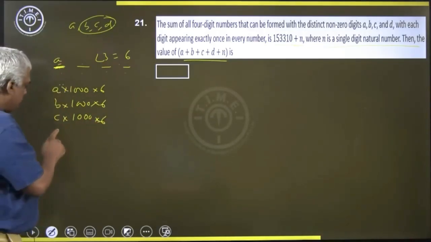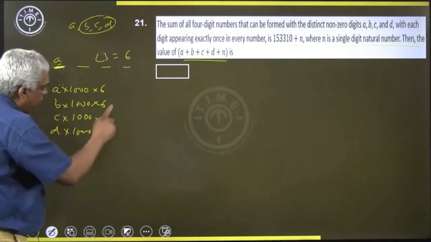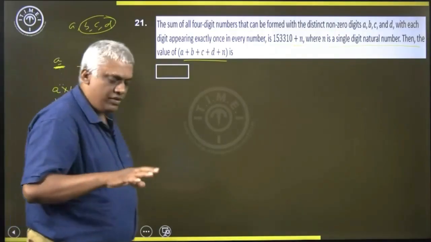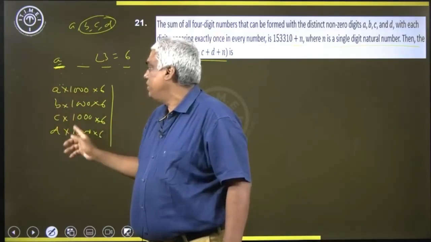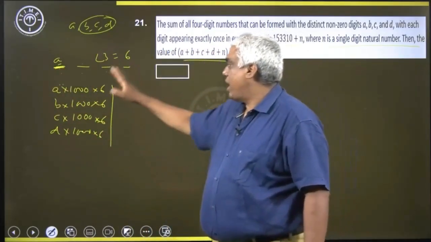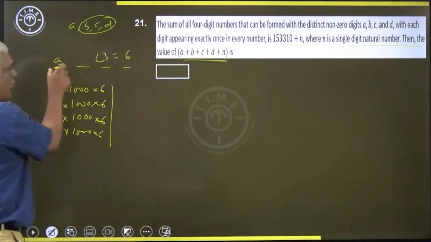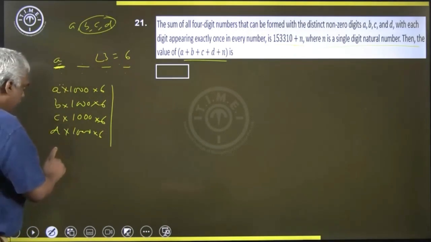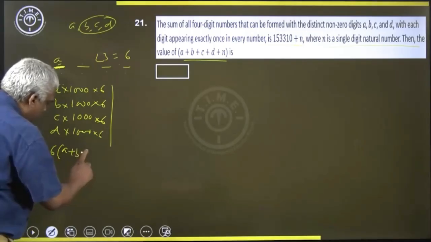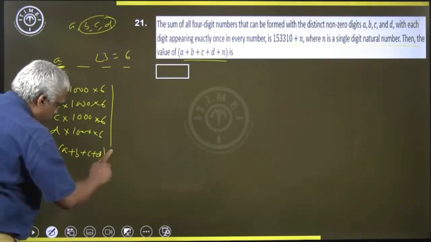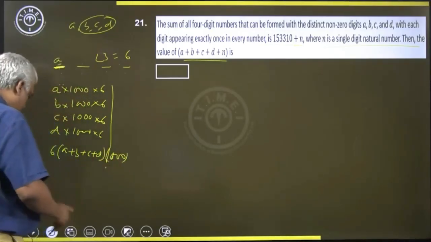D will also appear here 6 times. So all these digits have the place value 1000, each 6 times. If I add all the numbers, the thousands place sum will be 6 times (A plus B plus C plus D) into 1000, right?